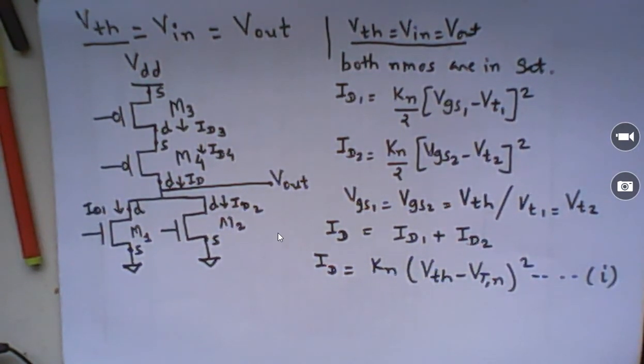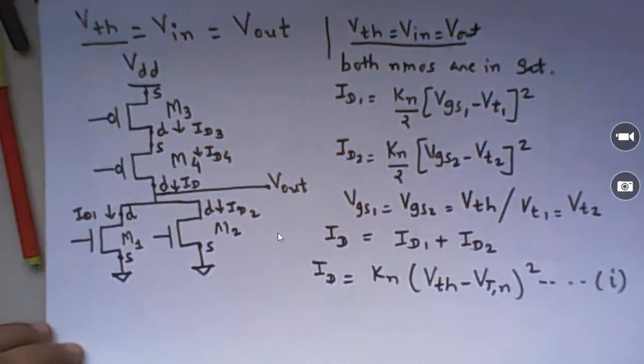So this is one equation from both the N MOSFETs, and both are operating in the saturation region when input and output are equal. The total ID current is the addition of ID current 1 plus ID current 2, and from this we get one equation of ID current: Kn times VTH minus VTN, squared.